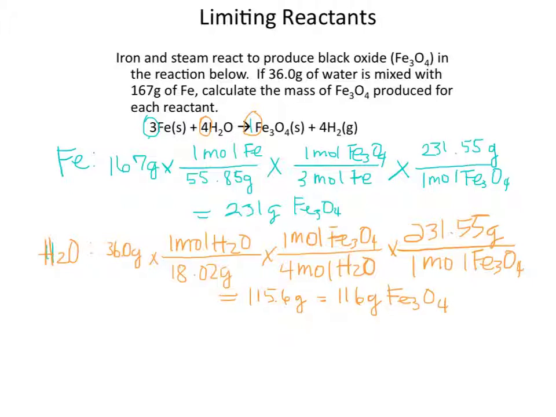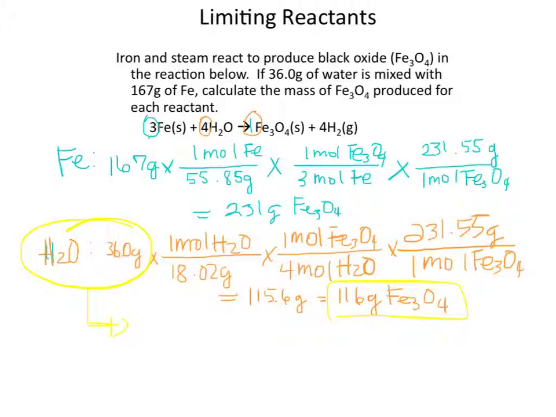Now let's look at which one has the least amount produced, and that is 116 grams. That means the water used in the reaction is our limiting reactant, because it is the one that actually determines how much we make.